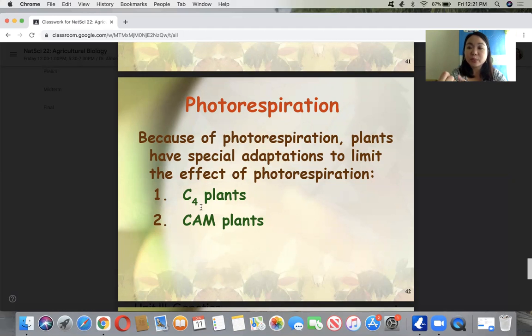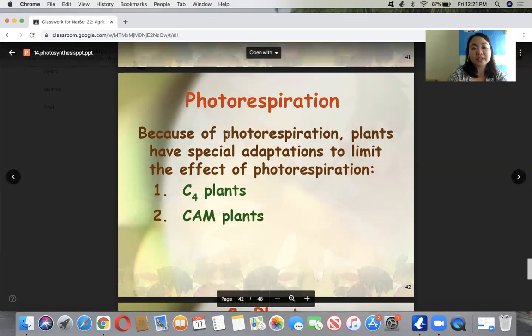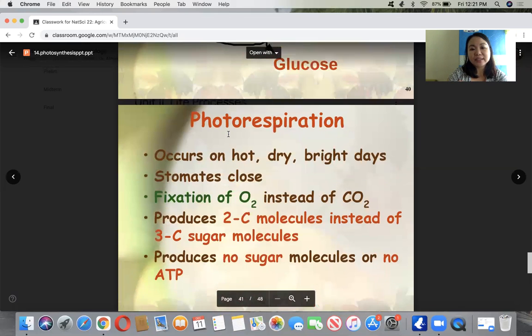We have the C3, which composes 80% of all plants on Earth, and then the second is C4 and CAM, wherein there is photorespiration.